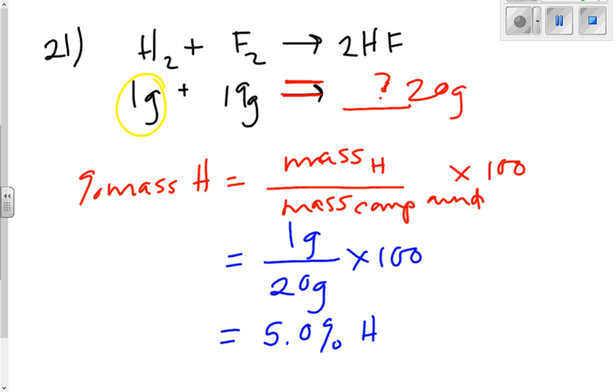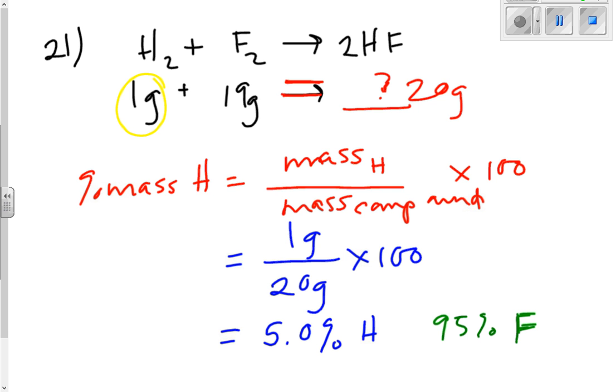So that compound is 5% hydrogen. And then what would be the mass of fluorine? Fluorine would then have to be 95% of the mass contributed by fluorine. And that makes sense, as you'll learn later, because fluorine is a much larger atom than hydrogen. It has more protons and neutrons, which give it more mass.